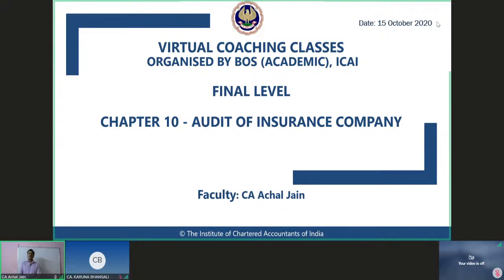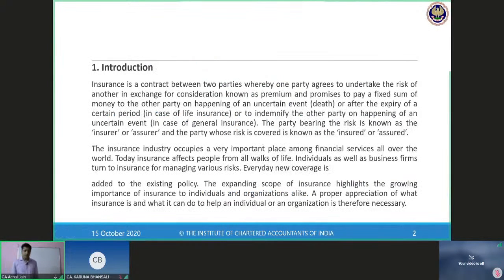Okay, so now we move on to our next chapter, that is about audit of insurance companies. I would say insurance company, though it happens to be a completely different type of company in terms of the nature of its business, but this is also highly regulated.